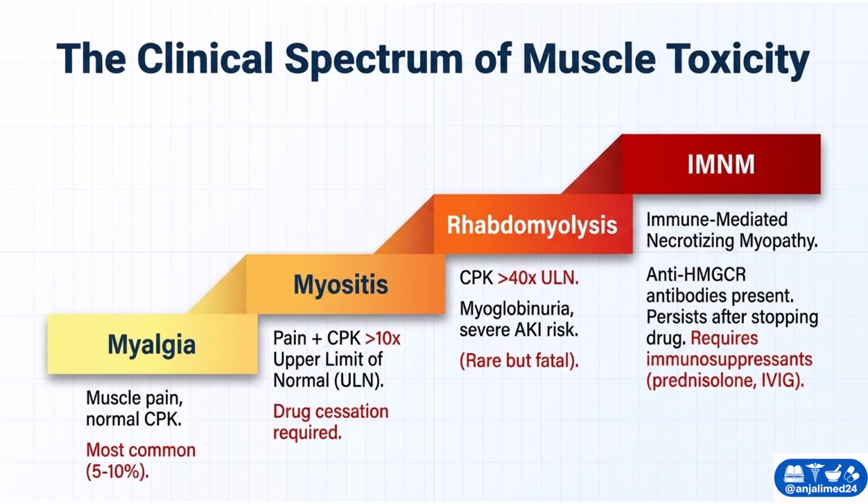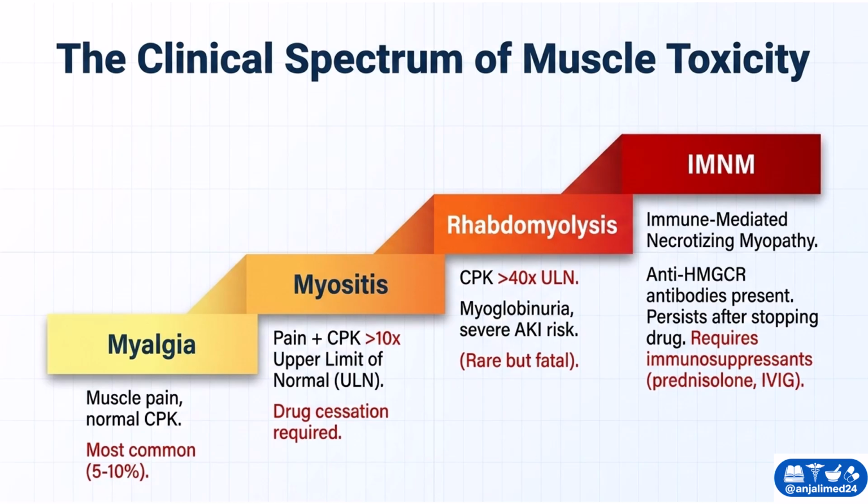It's driven by anti HMG-CoA reductase antibodies, and importantly, it can persist even after stopping statins. These patients often require immunosuppressive therapy like steroids or IVIG. So, from simple muscle pain to life threatening disease, understanding this spectrum is absolutely critical in clinical practice.